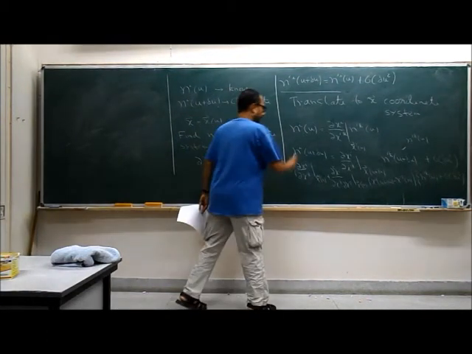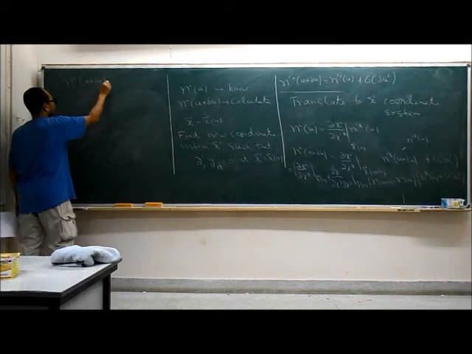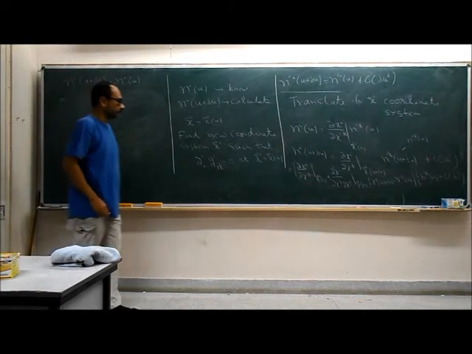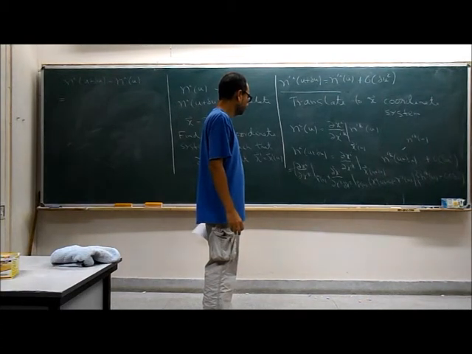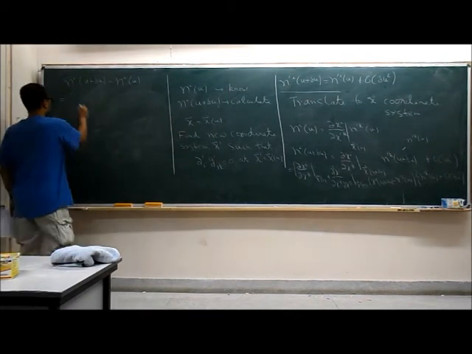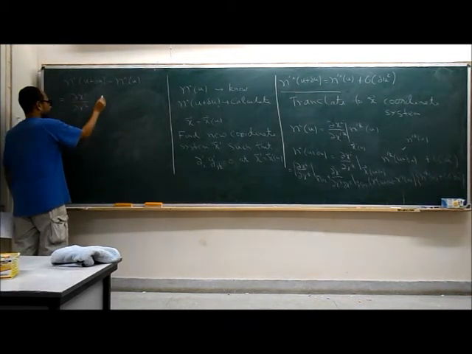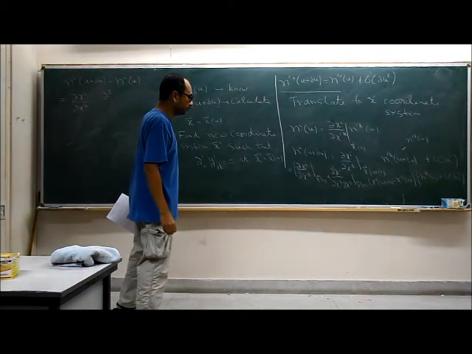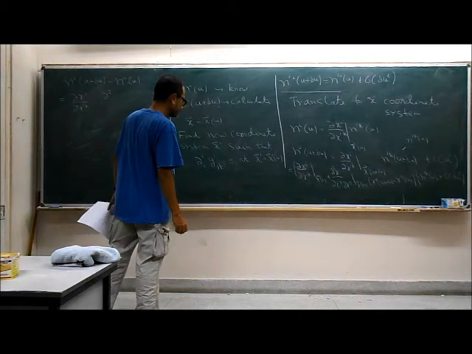So now we can calculate the difference. n^i of u plus delta u minus n^i of u is basically this.